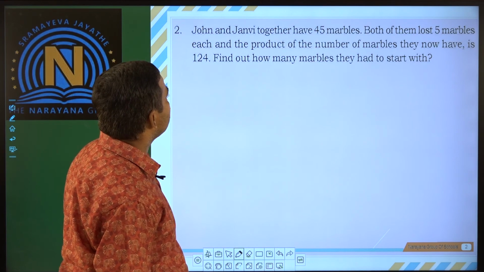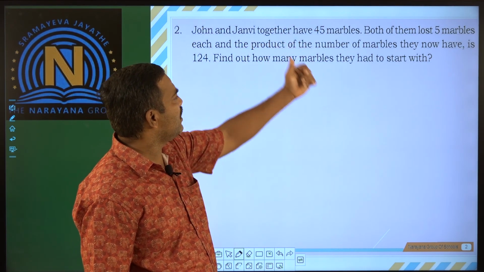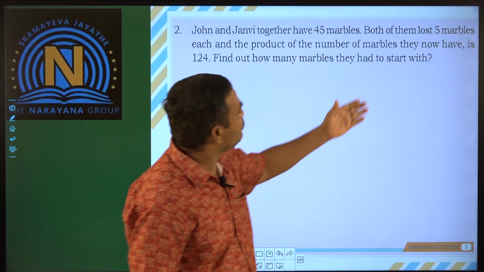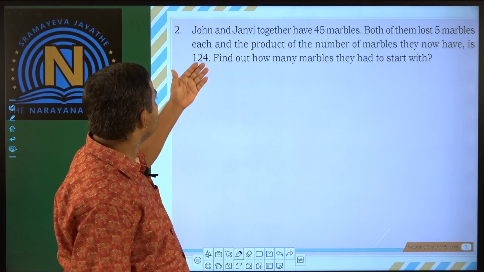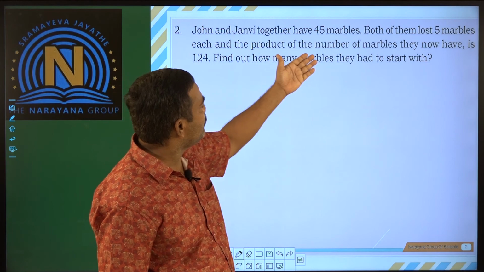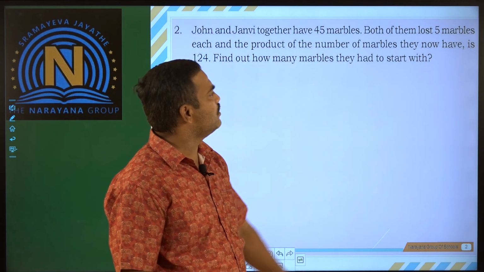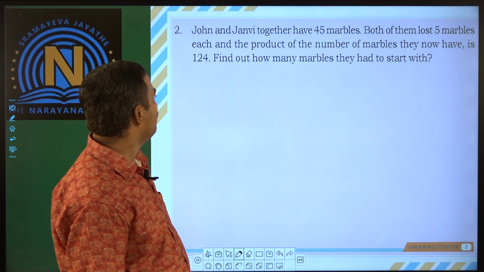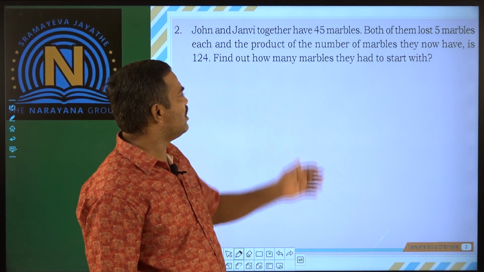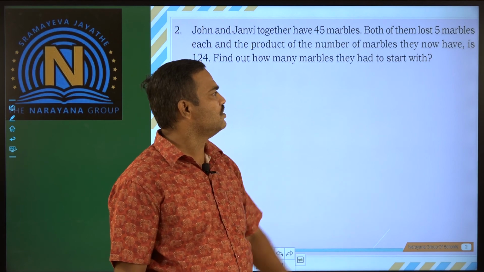Now, John and Jahnavi together have 45 marbles. Both of them lost 5 marbles each. Then the product of the number of marbles they now have is 124. Find out how many marbles they had to start with.